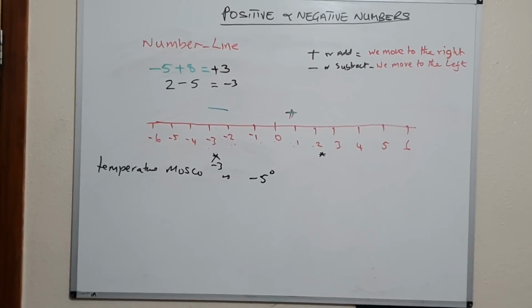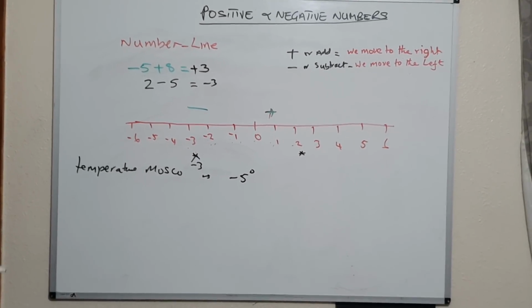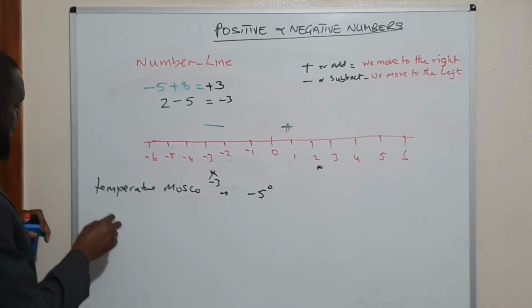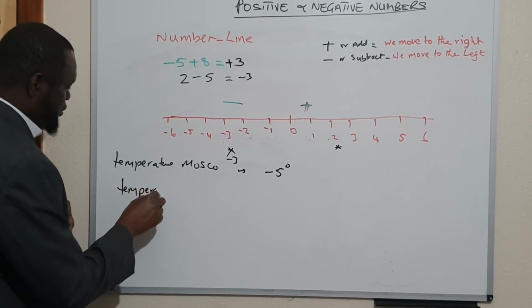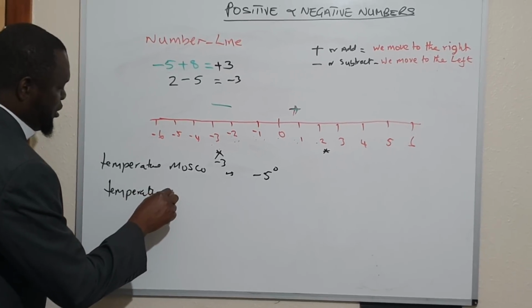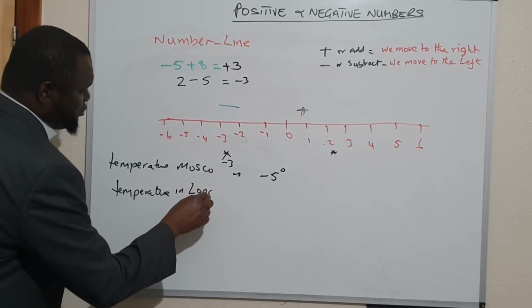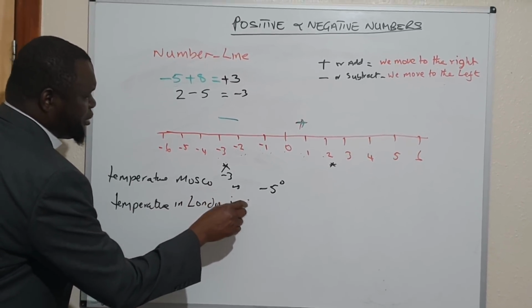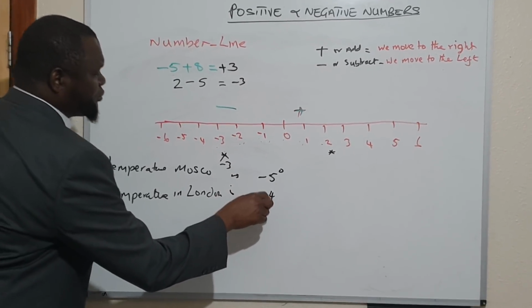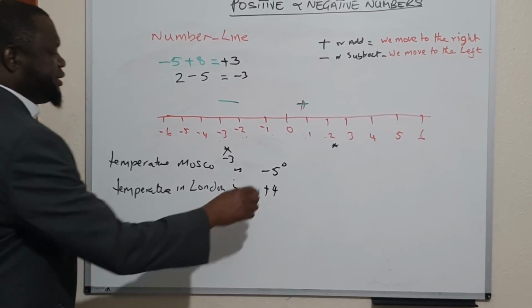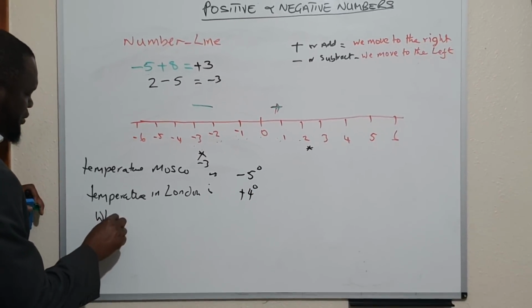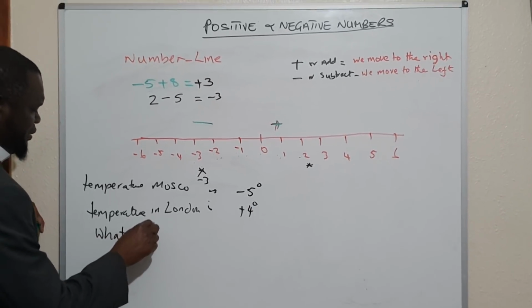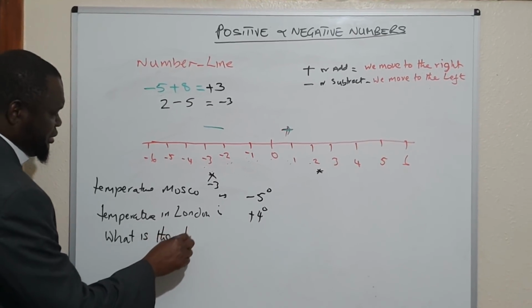Okay? The temperature in London is plus 4 degrees. What is the difference?